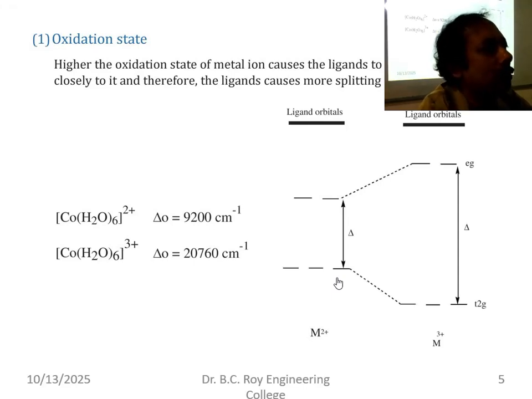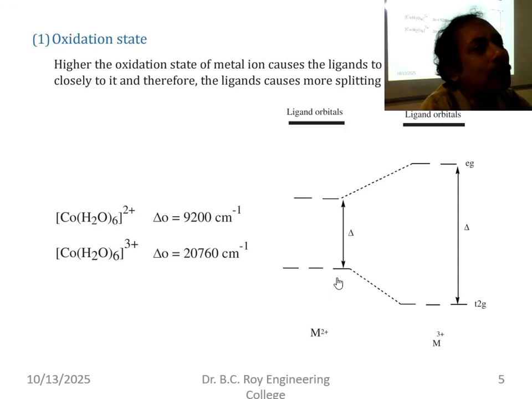There are two possibilities: either 1 each, or all 5 in the t2g and none in the eg. If the electrons are getting filled in the t2g only and not going into eg, then you call it a low spin complex, because this is the minimum spin state possible.